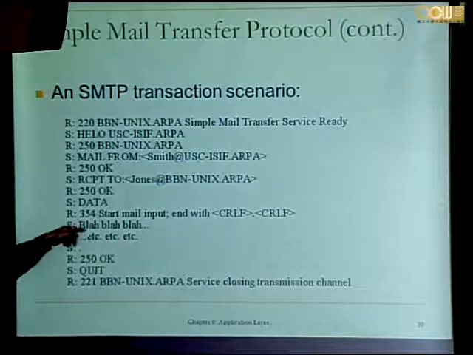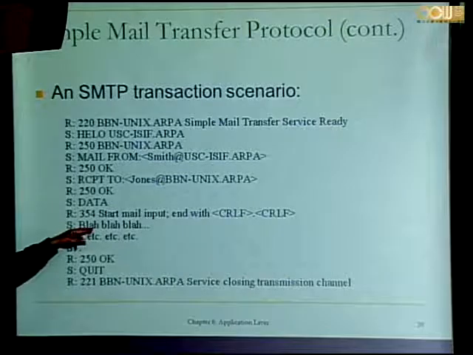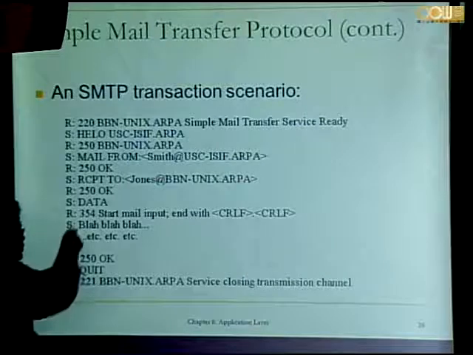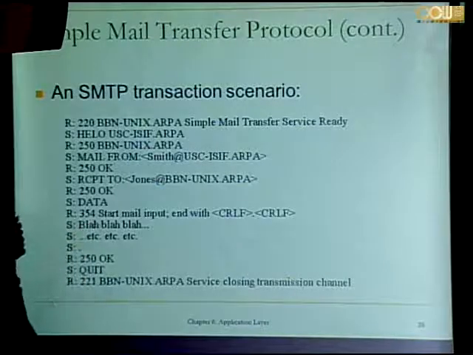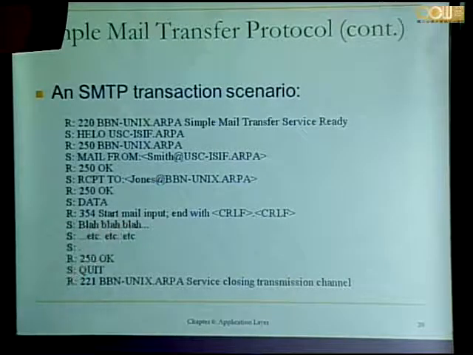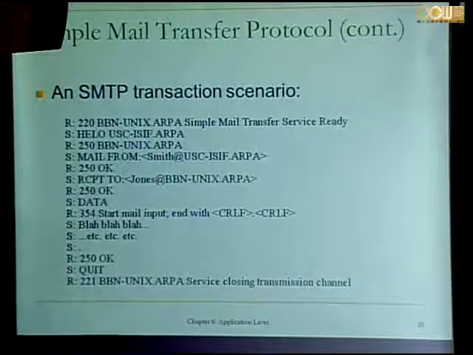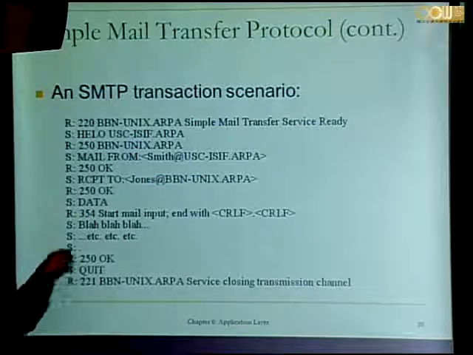And then the sender starts to send the mail. Well, actually, on the screen, probably you will see just a sequence of dots. It means that the sender is pumping the actual mail, either in the simple format or in MIME format.